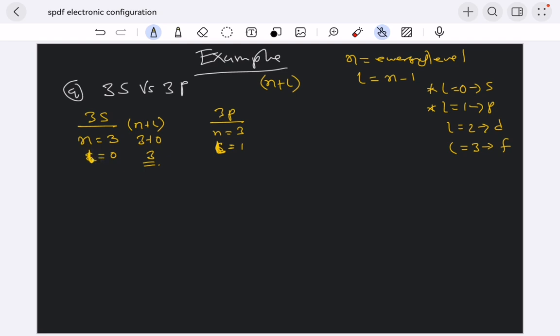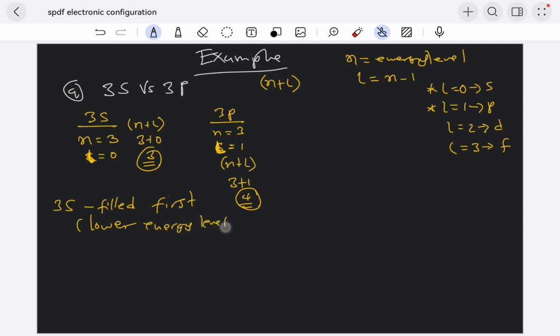So N plus L is going to be 3 plus 1, which will give us a 4. So we'll compare these two, and we'll notice that 3s ought to be filled first because it's on a lower side, it's a lower energy level according to this calculation.